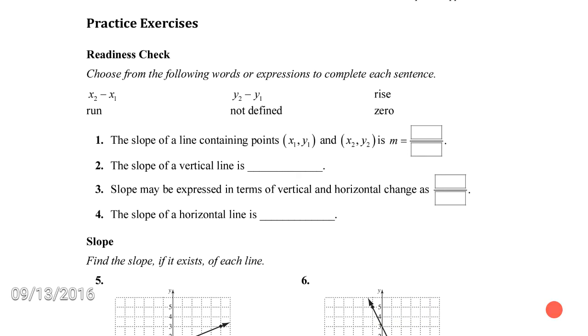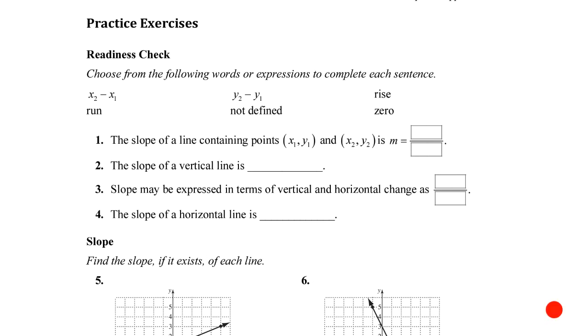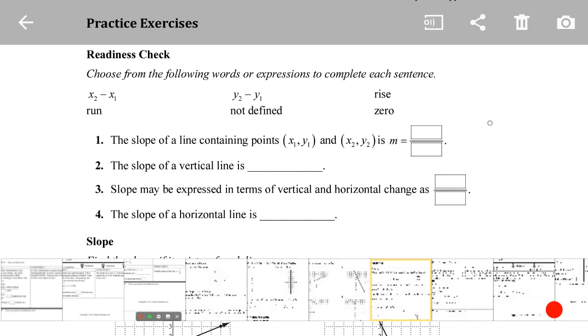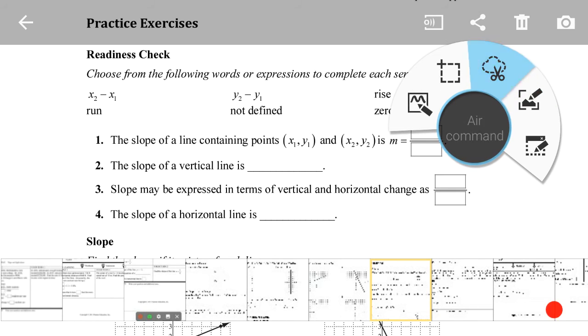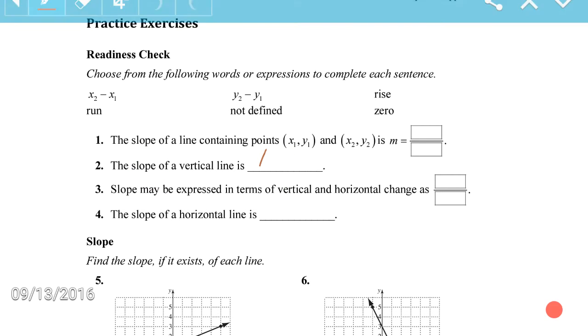So if it's a vertical line, it goes up and down, doesn't make any sense for a roof, remember? So the slope of this line is not defined.